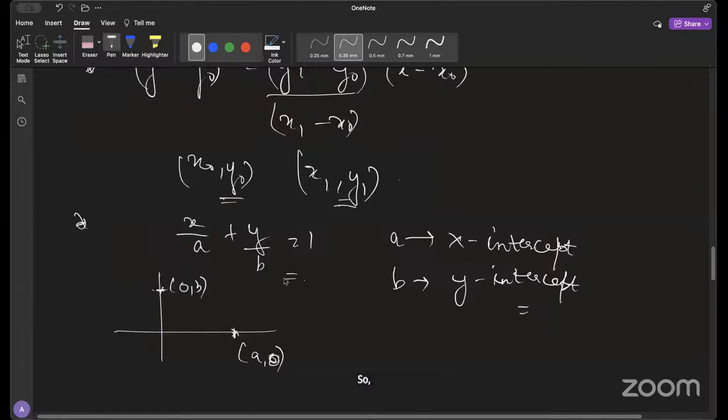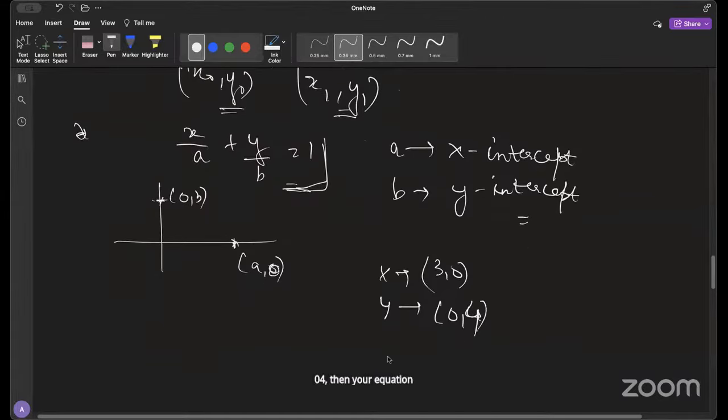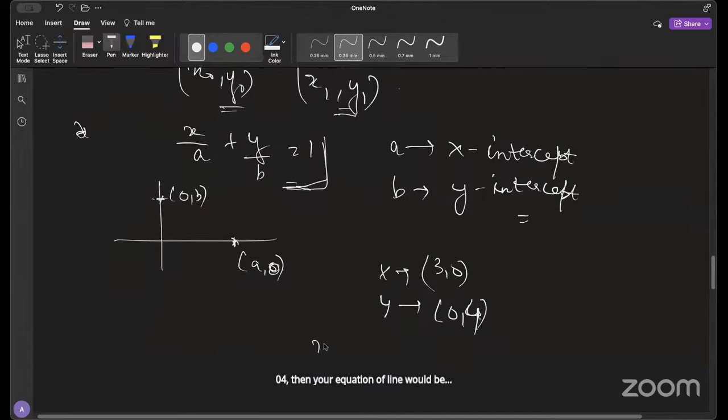Let's say you have the x-intercept as (3, 0) and the y-intercept as (0, 4). Then your equation of the line would be x/3 + y/4 = 1.